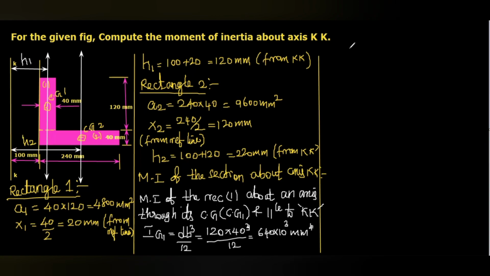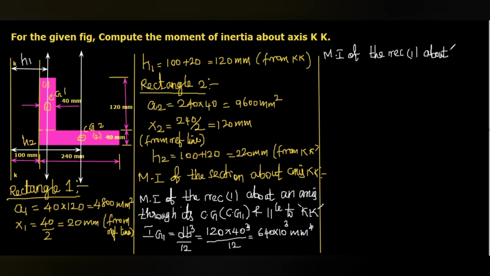Then the moment of inertia of rectangle 1 about axis KK, which I'm going to take as IKK1 for the first rectangle.